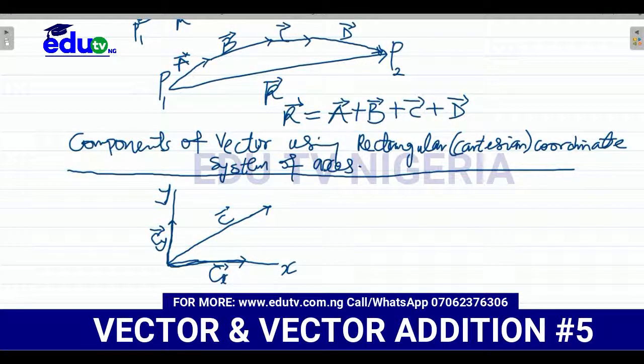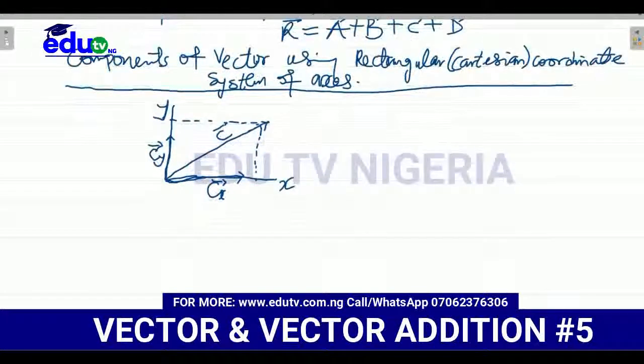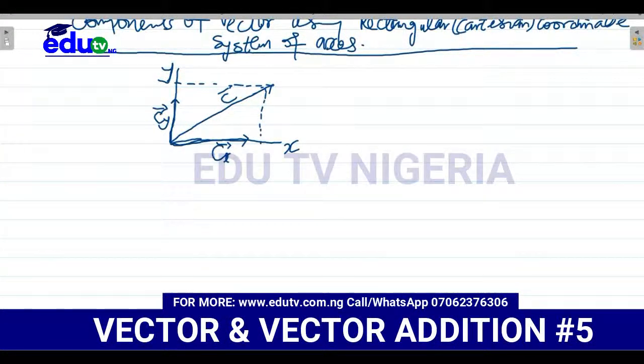Therefore, vector C will give us vector C along the x-axis plus vector C along the y-axis.